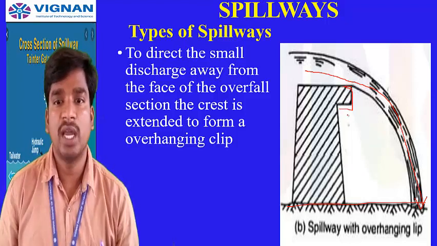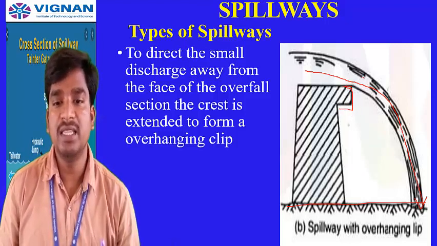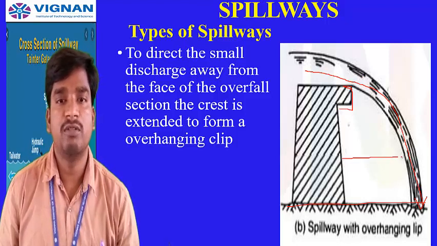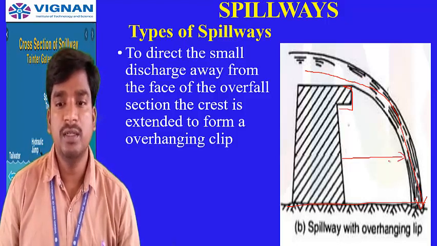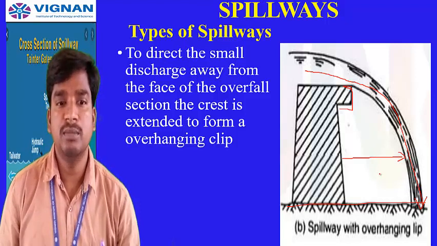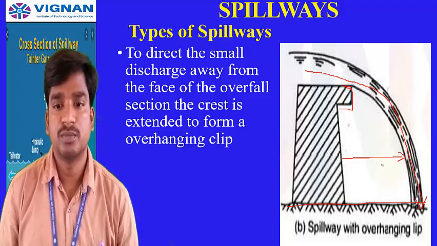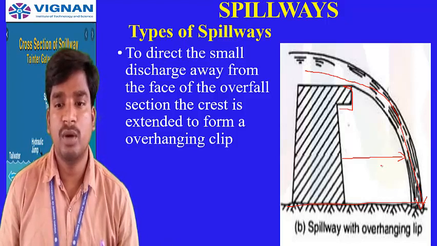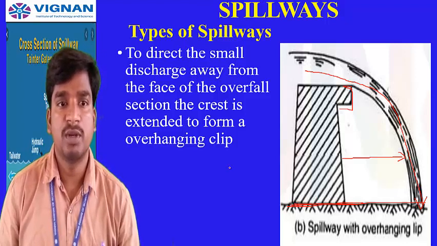Because of this overhanging portion, we can maintain the required distance from the spillway to the water jet, so that we can avoid problems, maybe an erosion problem, or to protect the bottom of the spillway. Like this also we can provide. It is also one of the possible ways of providing a vertical drop spillway.